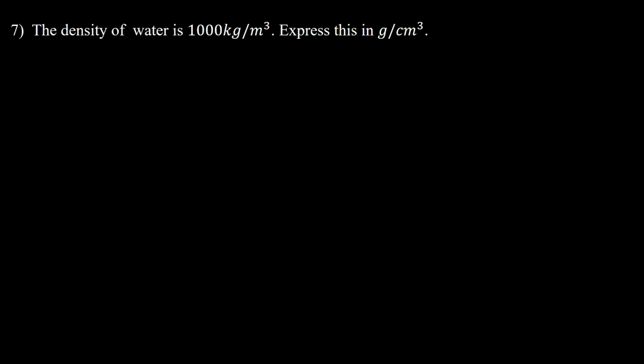The density of water is 1,000 kg per cubic meter. Express this in grams per cubic centimeter. So the first conversion factor that we might need here is that of 1 kg and a gram.